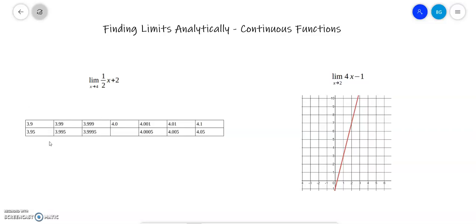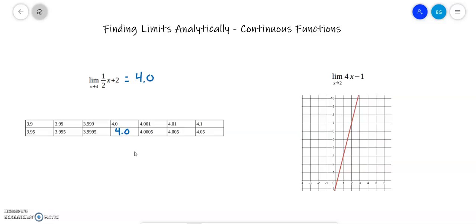So 3.9, you can see my output, 3.99, there's the output. And as I get very, very close to 4 with my inputs, my outputs are getting very, very close to 4 as well. You can see it also happens from the other side. As I go from the right towards 4, my outputs are going towards 4, and so it's reasonable to say, okay, the limit must be 4. That's what my pattern says.